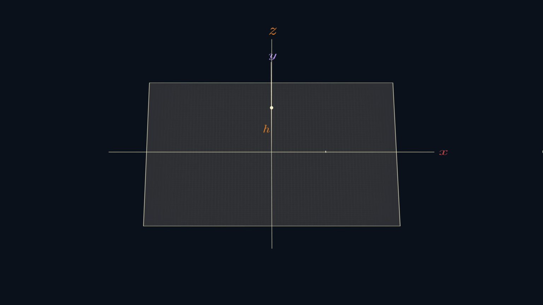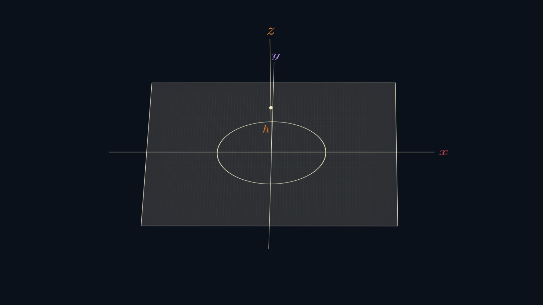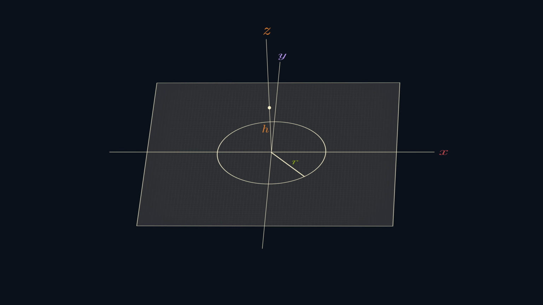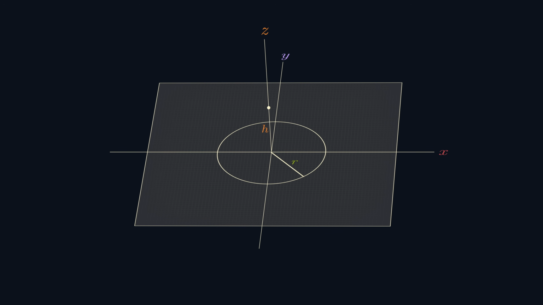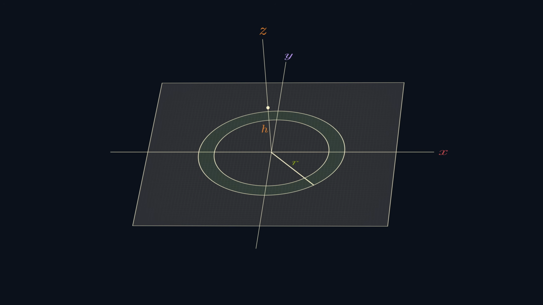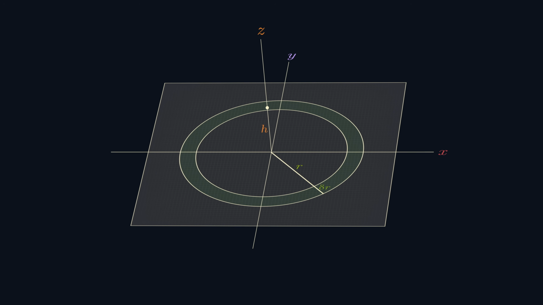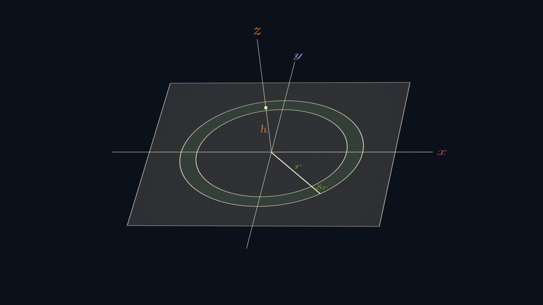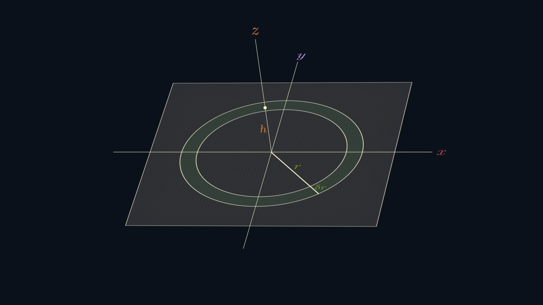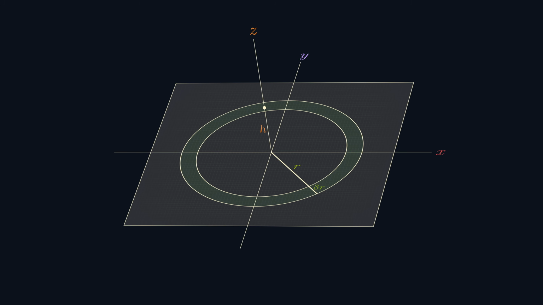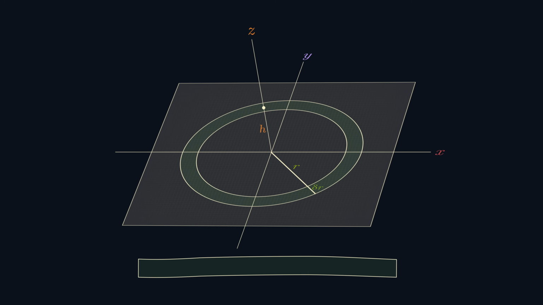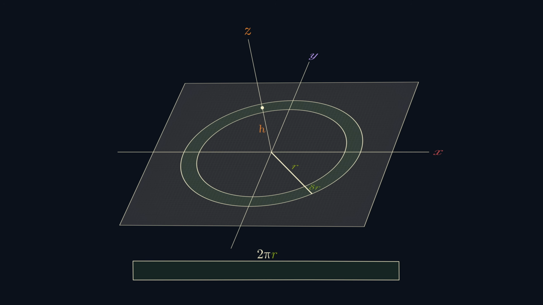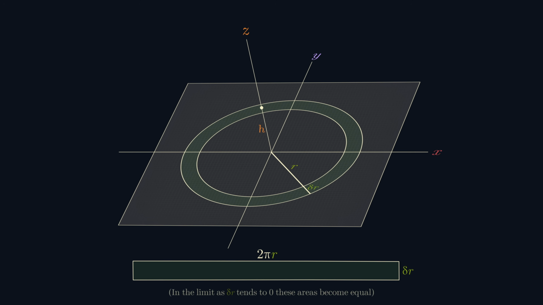Note that we have radial symmetry, as every point on a circle like this is equidistant from the centre. Perhaps this suggests considering concentric rings of thickness delta r on the metal plate. Since delta r is small, the area of each of these rings is approximately the same as if we unravelled it to a rectangle of width 2 pi r, the circumference, and height delta r.